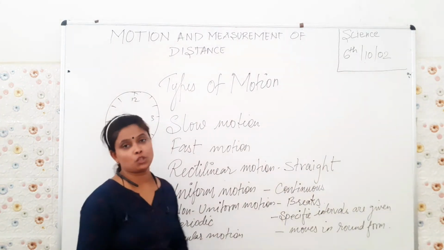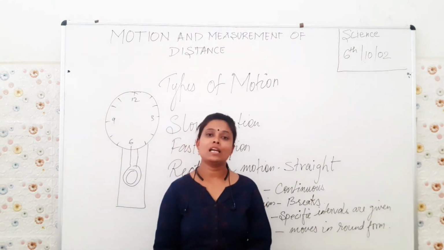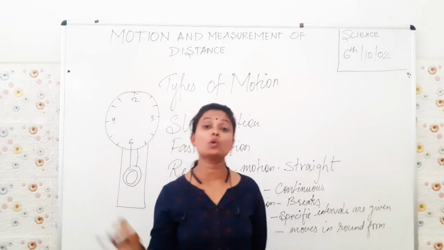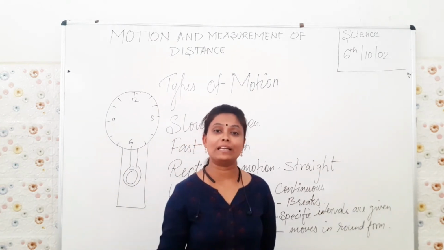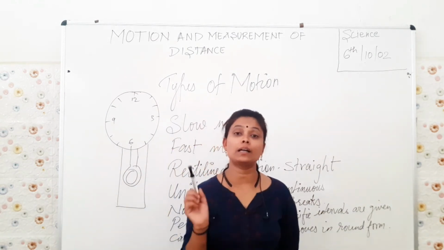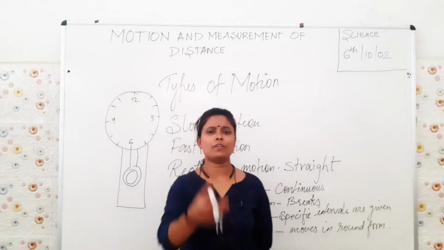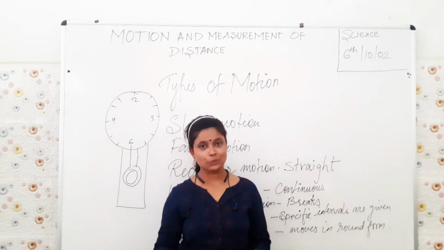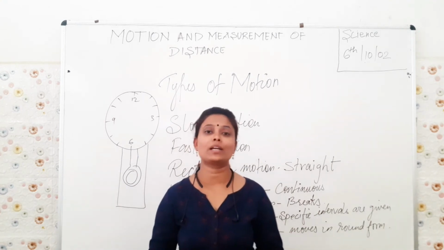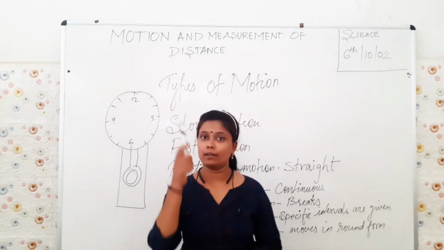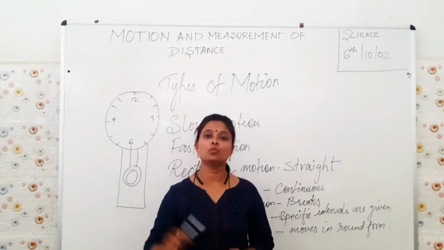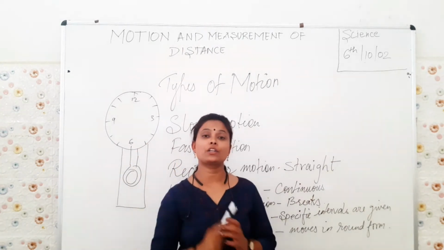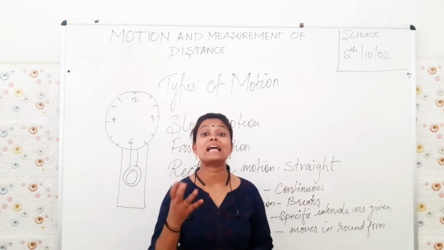Now circular motion. Circular motion is always a round motion. It moves in a round circle. You have a great example for that everywhere, whether you are in a school, inside your class or inside your room. The fan always moves in a circular motion. Even a bicycle.